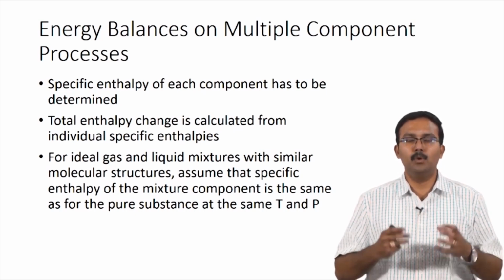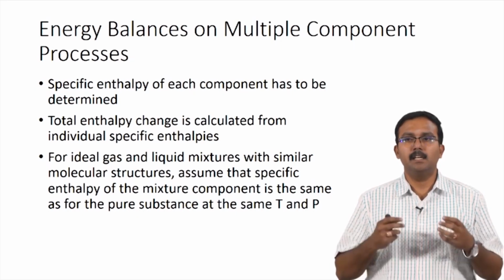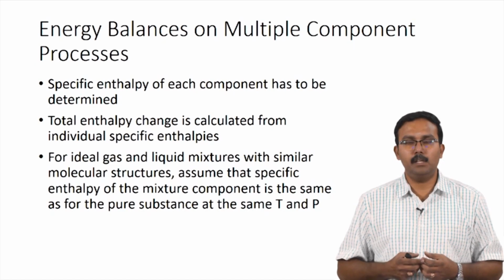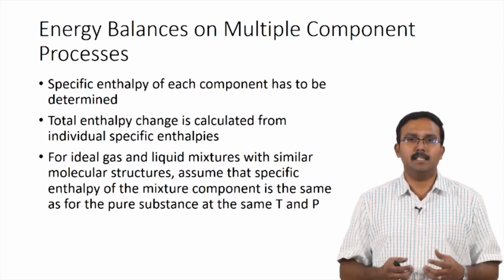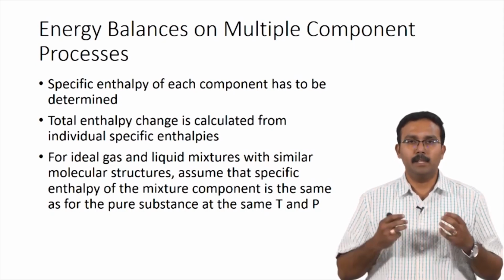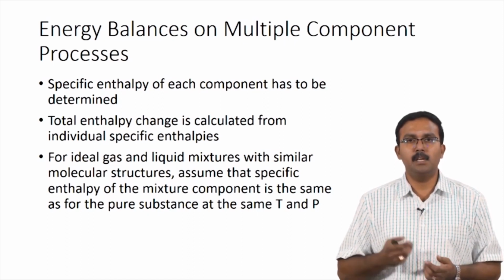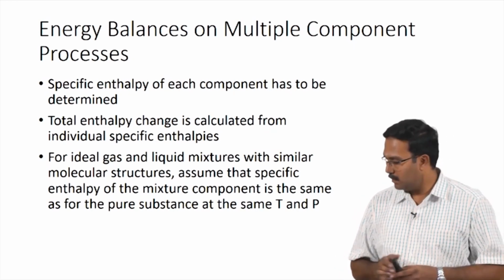This is true only under ideal conditions. If there is non-ideality, where there can be interactions between the molecules present in the mixture, this assumption will not be valid. So, initially we will start with ideal mixtures and solutions to perform these calculations.